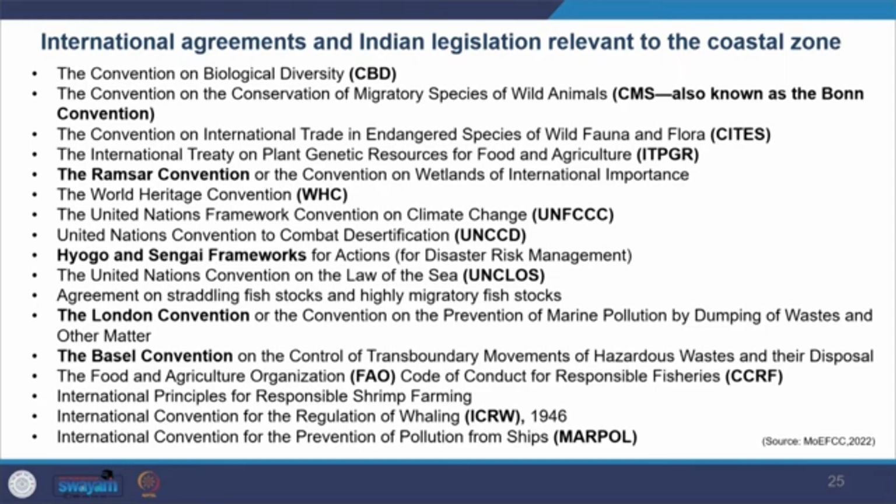Then you see the Ramsar Convention, or the Convention on Wetlands of International Importance. Then we also have the World Heritage Convention. Then you also have UNFCCC. Then you have the United Nations Convention to Combat Desertification, and the Hyogo and Senegal Framework for Actions related with Disaster Risk Management. And then you also see the United Nations Convention on Law of the Sea, which we had seen, and the agreement on straddling fish stocks and highly migratory fish stocks.